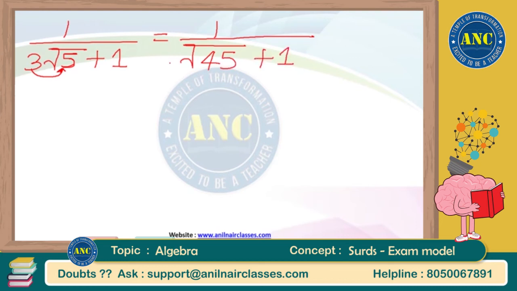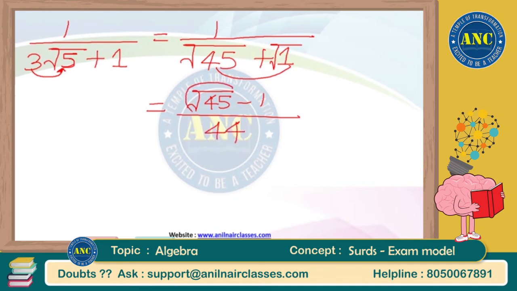Now I don't have any coefficient outside. 1 can also be written as root 1. So this can be written as root 45 minus 1 divided by 45 minus 1, which is 44, and root 45 can be written as 3 root 5.